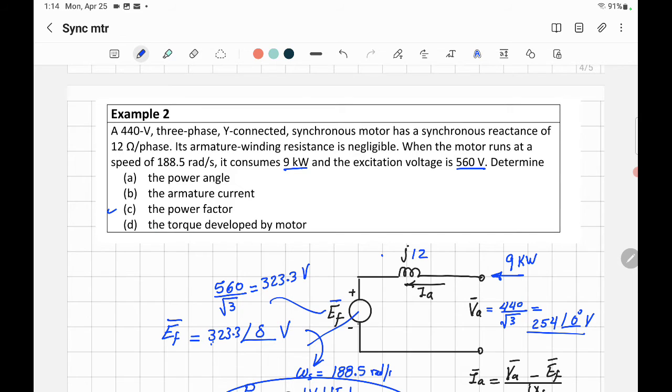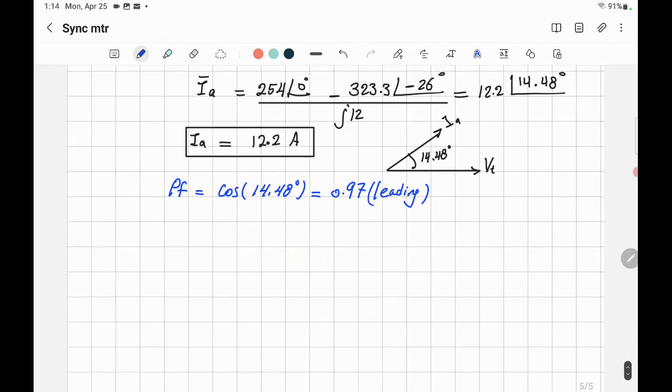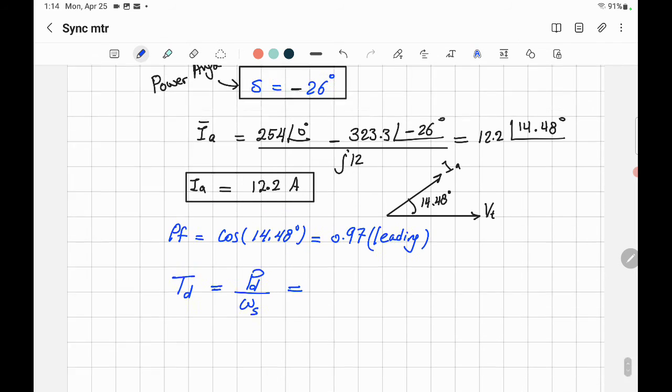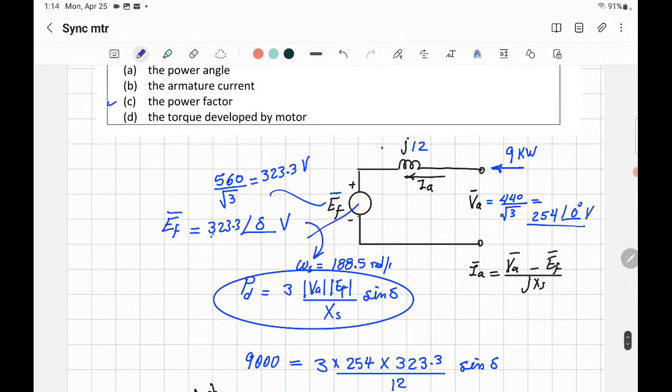Now the torque developed by the motor. The torque developed means TD, and you know any torque is equal to power over the speed, and always the speed in the synchronous motor is omega s. So if you want to find the torque developed, you have to use the power developed. You might ask, is it 9 kilowatt? No, 9 kilowatt is the input to the armature. Okay, we know that PD is equal to the input.